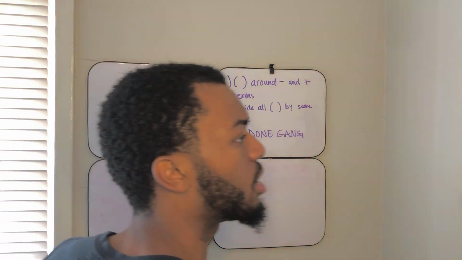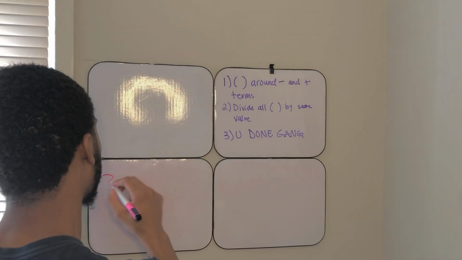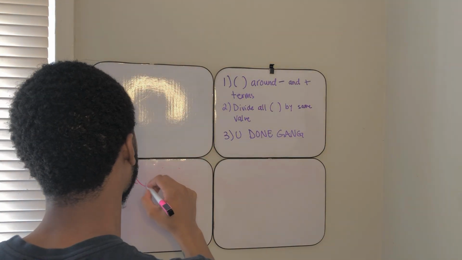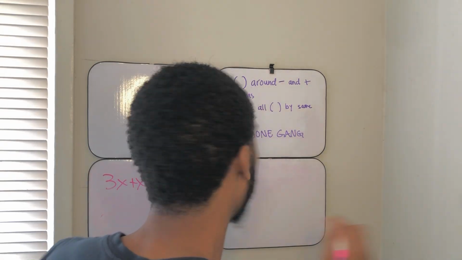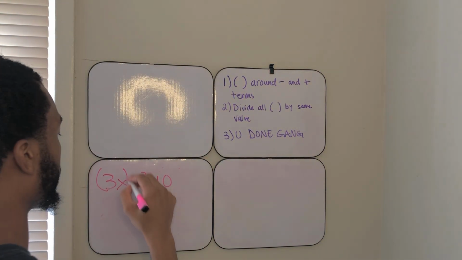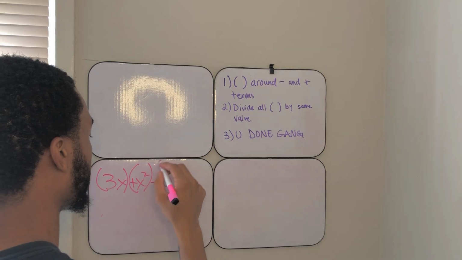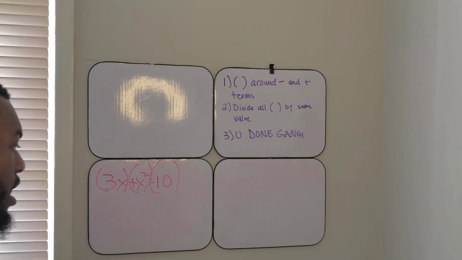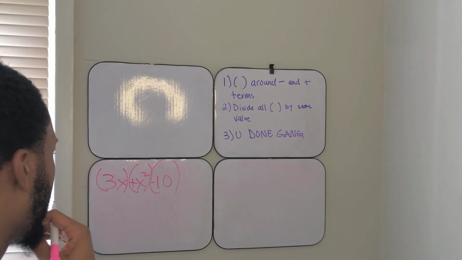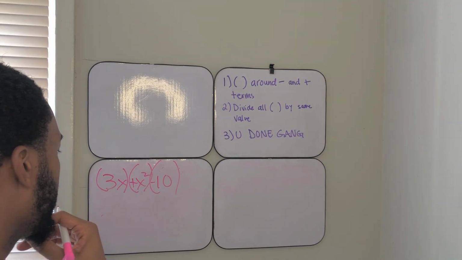All right. Next we got 3x plus x squared minus 10. Same, you start with the parentheses, put that around everything, because that's going to help keep it organized for you. This might be already factored. I don't think we got a 1, a 3, and a 10.